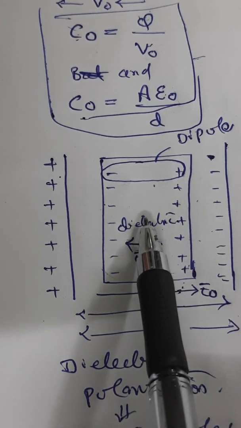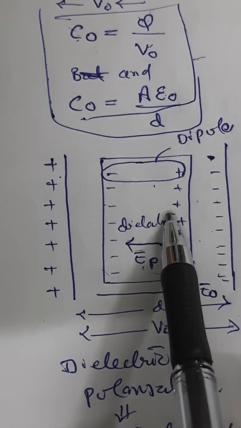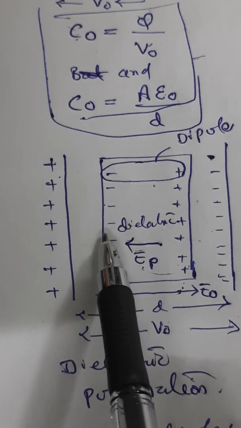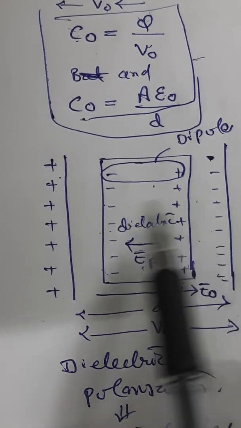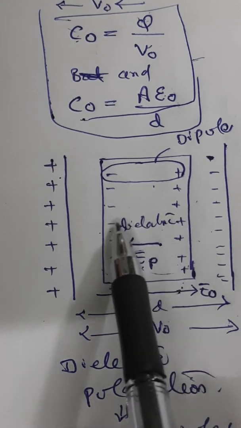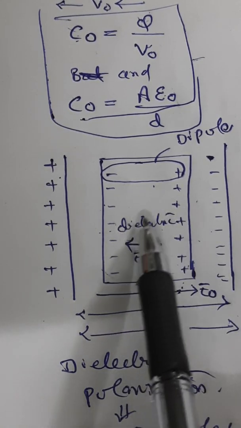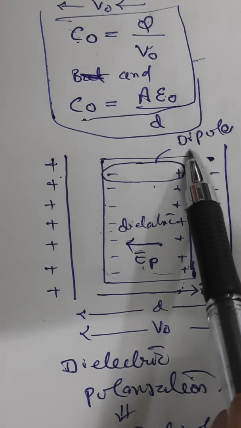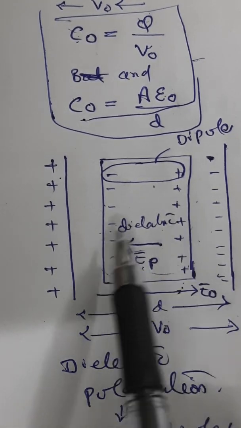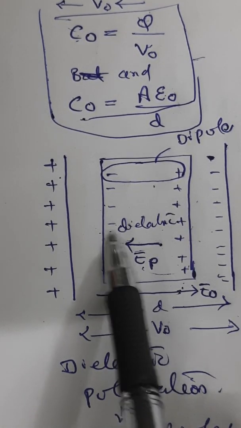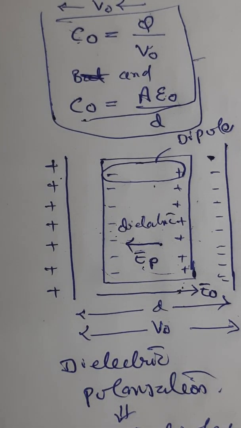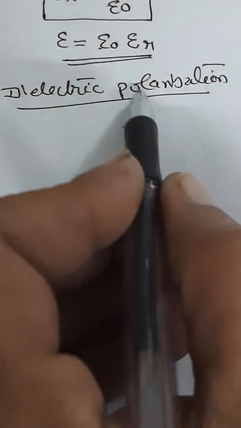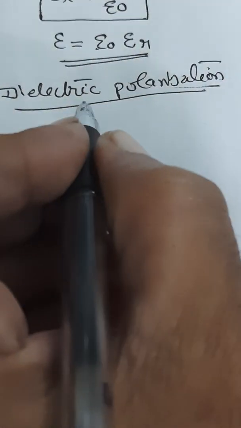When the dielectric is introduced into the capacitor, opposite charges are induced on the two faces of the dielectric which are very close to the charged plates. So these induced positive and negative charges act as a dipole and it has a net dipole moment. This phenomenon is what we have defined as dielectric polarization. Now let us go further into that separately.